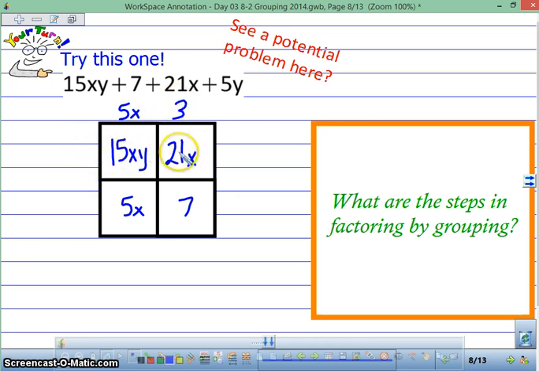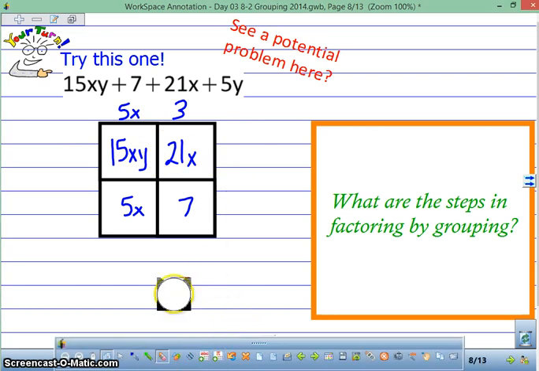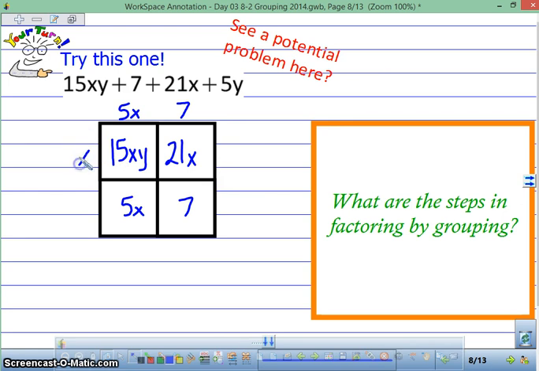What's the greatest common factor here? I did it wrong. What is the greatest common factor here? Greatest common factor is 7. Greatest common factor here is x. Greatest common factor here is just 1.